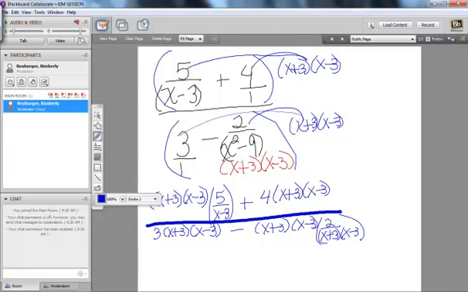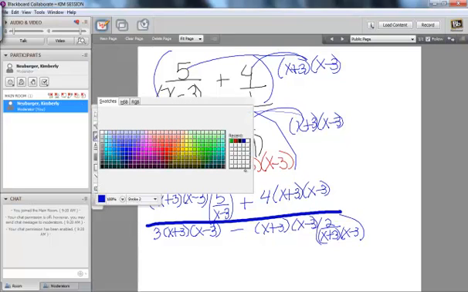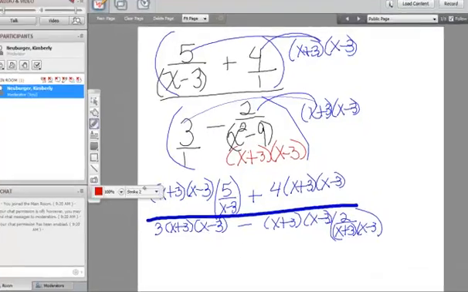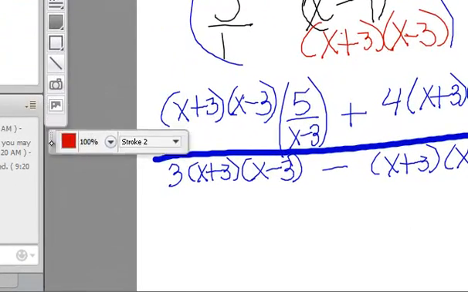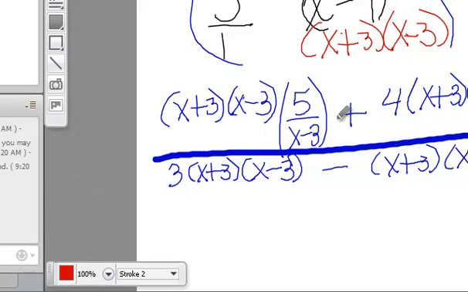Now we can go ahead and cancel anything that is possible to cancel. So if we cancel here, these two will cancel. We're able to distribute our 5 and get 5x plus 15.